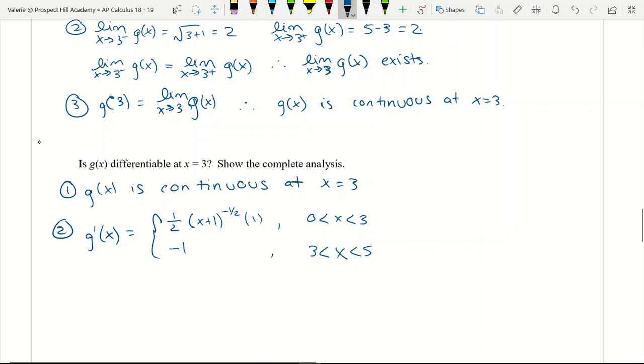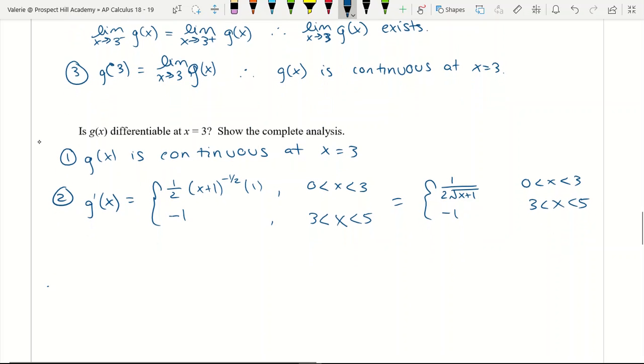All right, so then we can rewrite this to be 1 over 2 root x plus 1 when x is between 0 and 3, and then negative 1 when x is between 3 and 5.